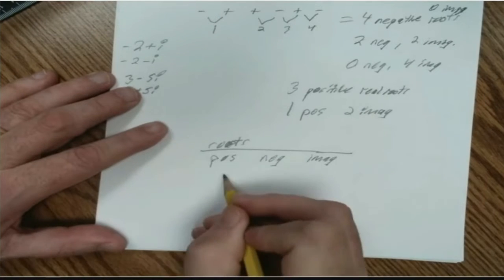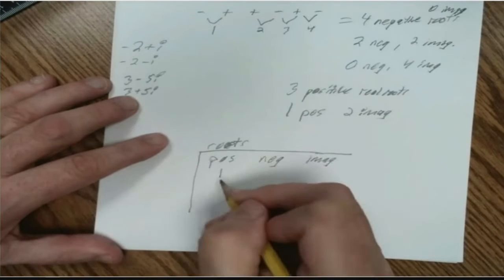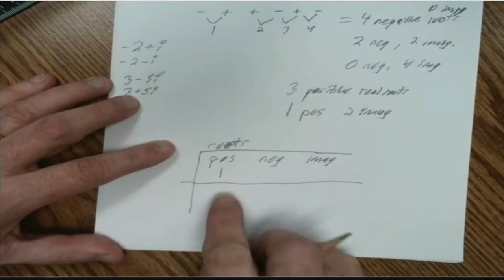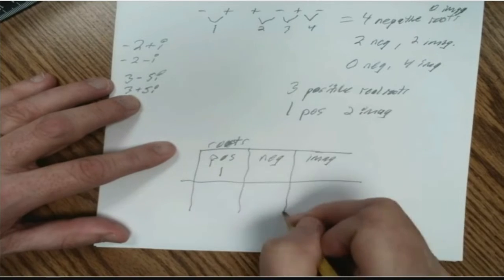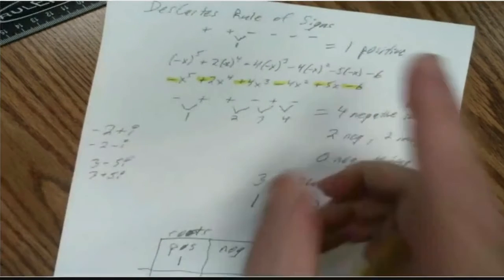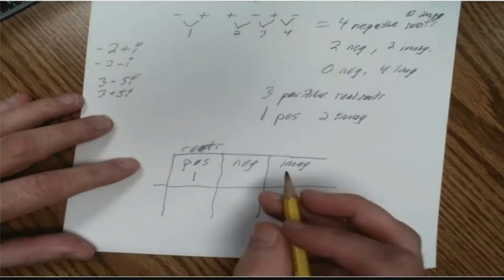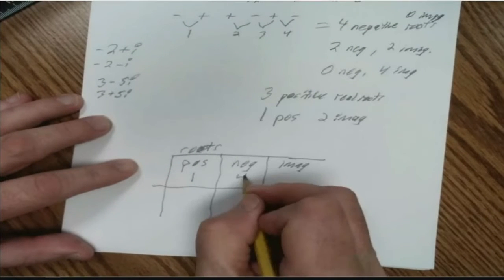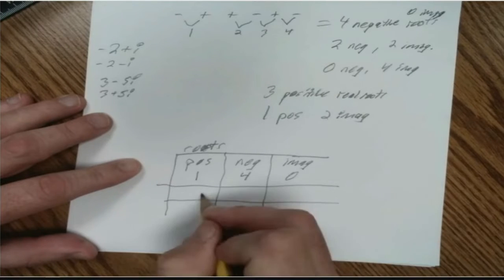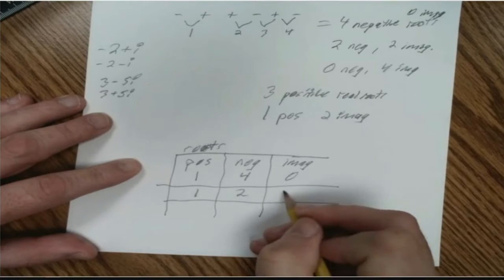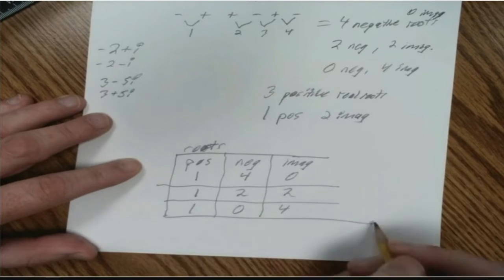Like for this one that we just did, we know there's 1 positive, regardless of how many negative and imaginary there are. We know there's 1 positive because that was the only number, 1. So there can't be a pair of imaginary. So there could be 4 negative roots and no imaginaries, or 1 positive, 2 and 2, or 1, 4, and 0.